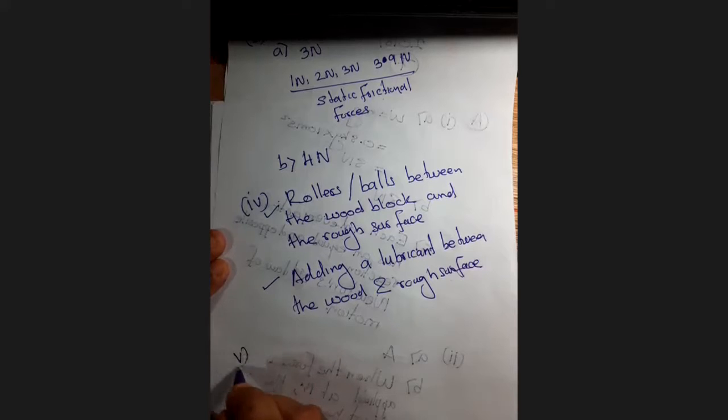Question number 5. The mass of the block of wood mentioned in 4 above is 200 kilogram. Calculate the acceleration of the block of wood in the direction of the force when an unbalanced force of 100 Newton is applied.